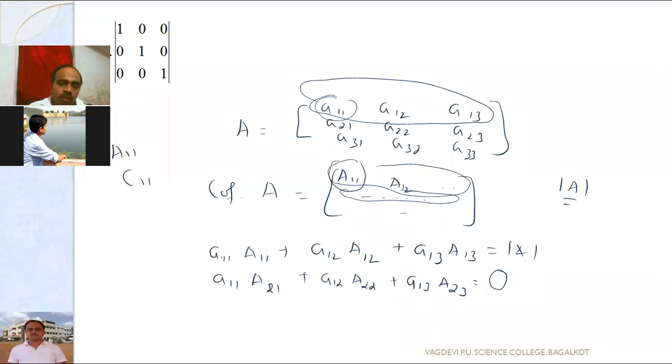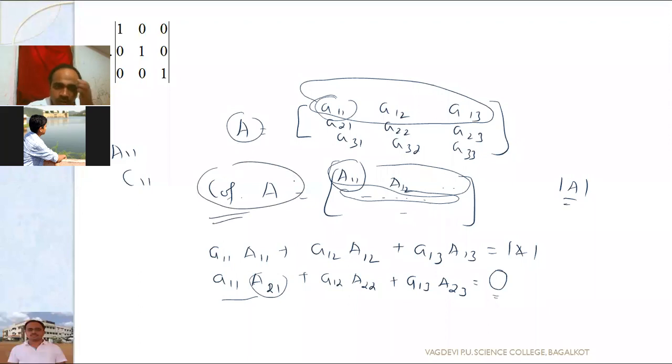So the sum of products of elements with the corresponding cofactors of the same row will be the determinant of A. The sum of the products of elements of a row with cofactors of another row, when you add them, will be equal to 0. So these are the two important properties of cofactors. It is very important to write the matrix and its cofactor matrix.